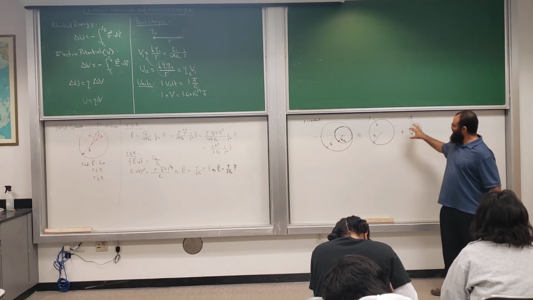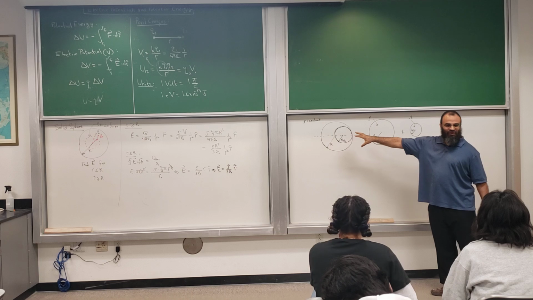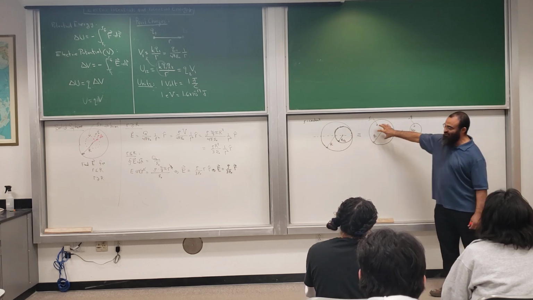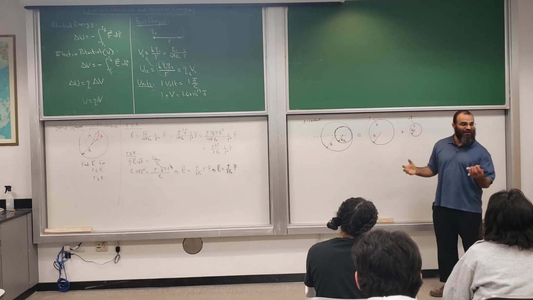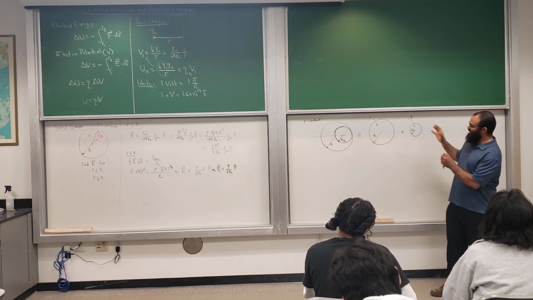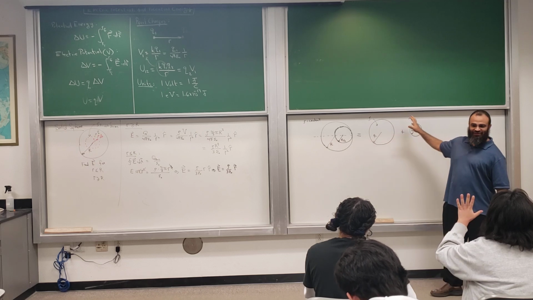So this problem is equivalent to that. Do I know the field of a solid sphere? Yes. Do I know the field of another solid sphere? Yes. I just have to add them. That transformed the tough problem into a much easier one.